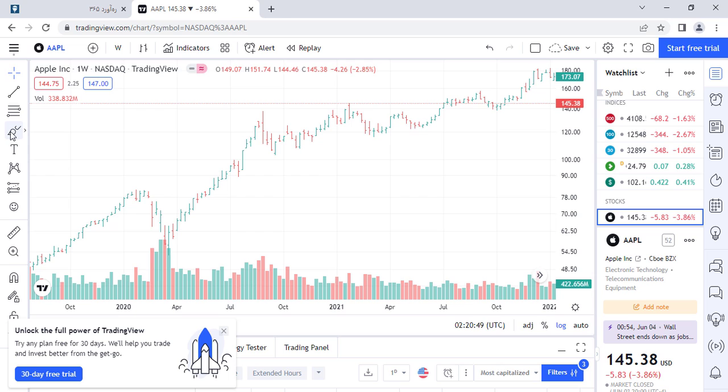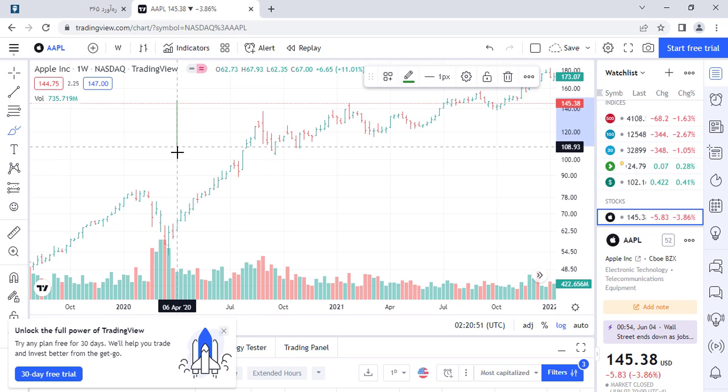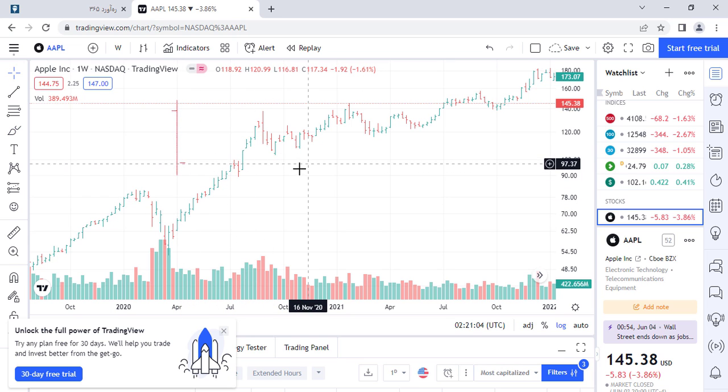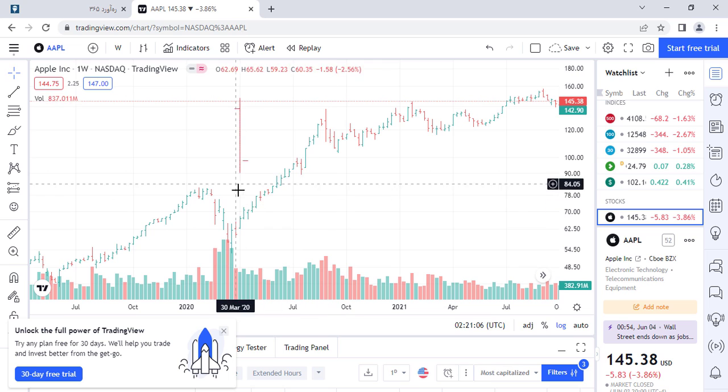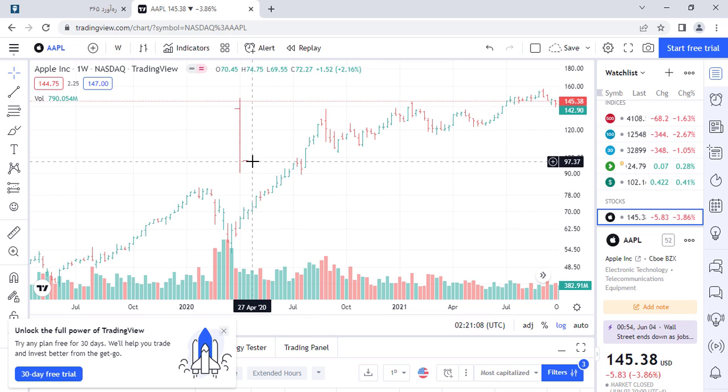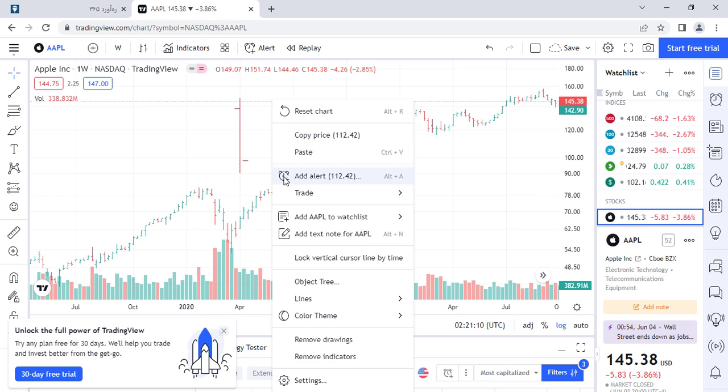Also, decreasing bars have this shape. Price starts from here and ends here. And this is also a decreasing bar.